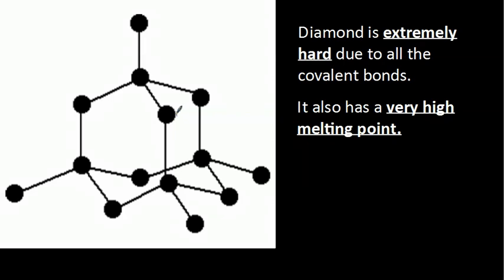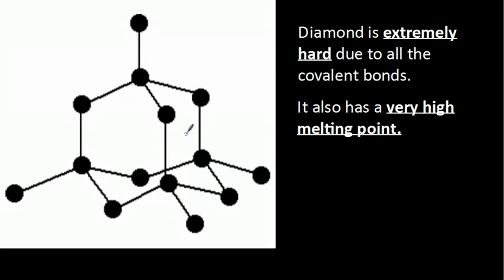If the bonds are very hard to break, then the bonds give diamond a very high melting point, because to melt diamond, you're going to have to break at least some of these bonds. To melt something, you have to break some of the bonds. To boil something, you have to break all of the bonds.